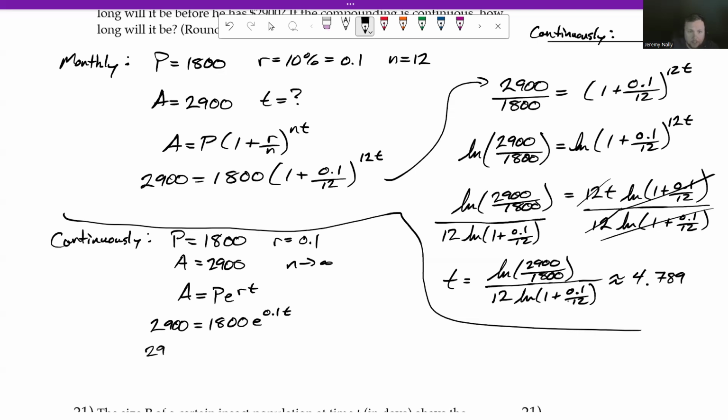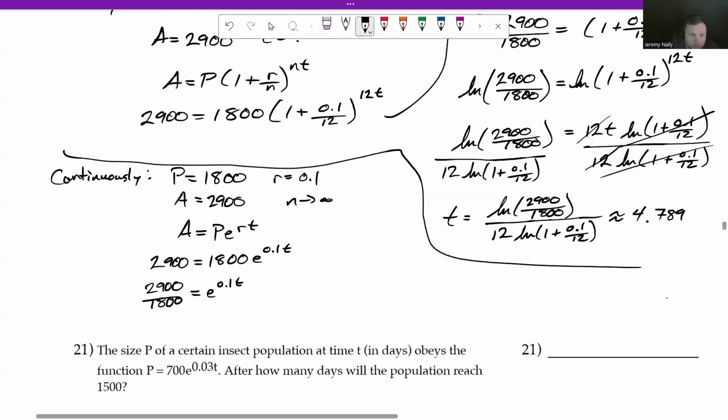Divide both sides by the 1,800. And now when I take the natural log of both sides to get the stuff out of the exponent, well, natural log is base e, so these just cancel out.